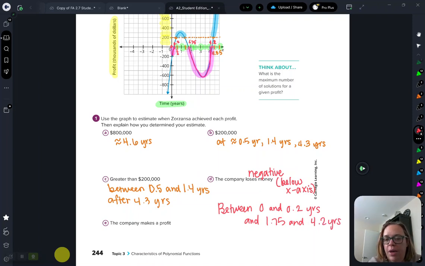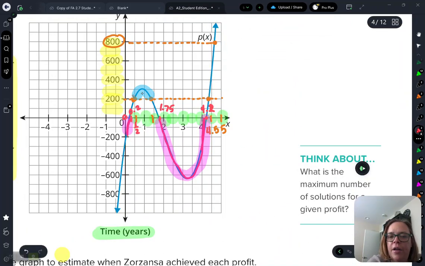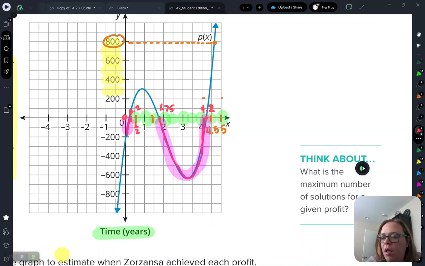Okay, so the company makes a profit. So profit is when we're looking above at the positives. So we're looking above the x-axis. Okay, I'm going to erase my blue highlighting here in this orange line so we can just focus on all of it.